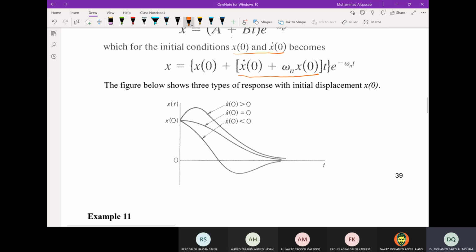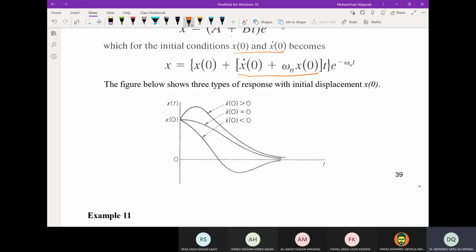velocity. We have x at 0 positive, and the initial velocity is positive, equal to 0, or less than 0. Okay, so with x dot at 0, which is the initial velocity, if it is greater than 0, there will be overshooting here. Again, at overshoot, we have dx by dt equal to 0.